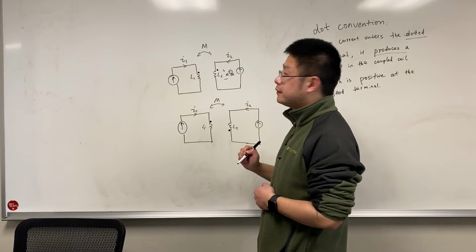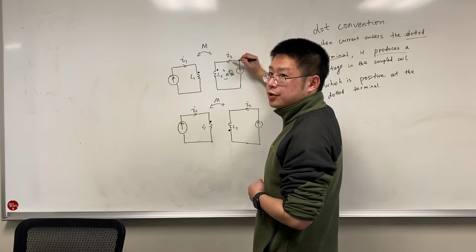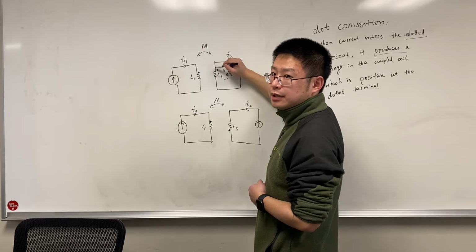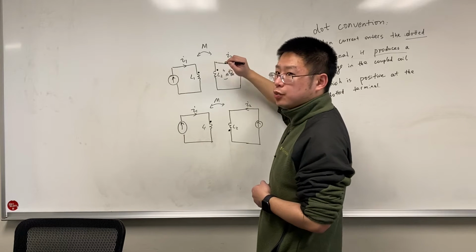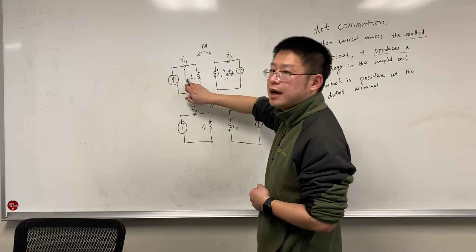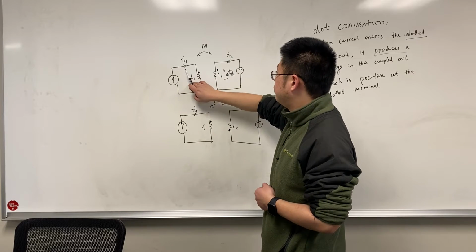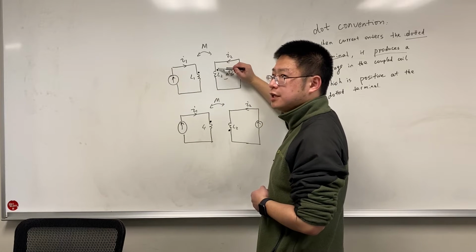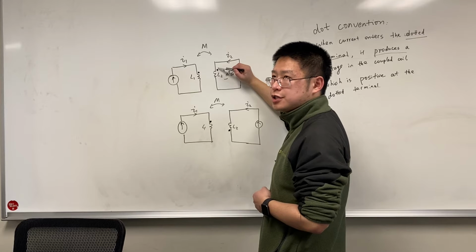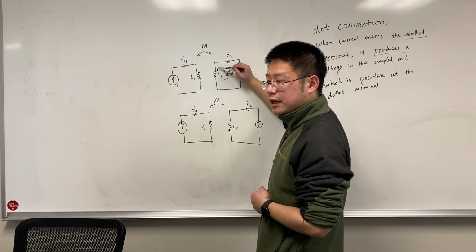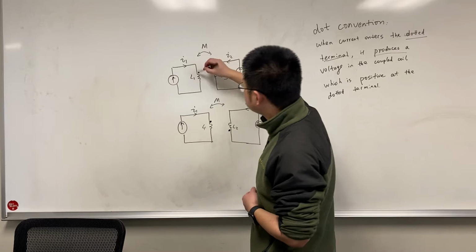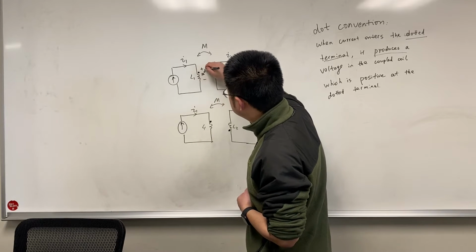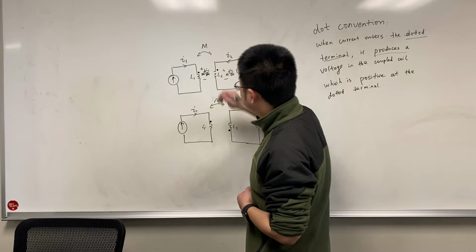And for the secondary winding, the current I2 is also entering the dot, so it will produce a voltage on the primary winding. Because I2 is entering the dot, it will produce a voltage which is positive at the dotted terminal, M times di2/dt.